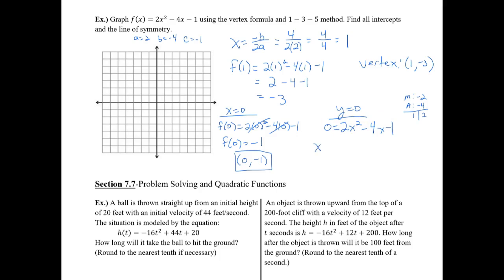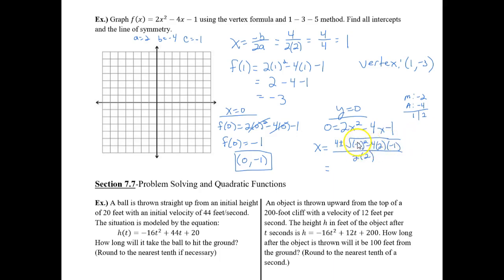Alright, filling in our quadratic formula, x will equal -b, which will be +4, plus or minus the square root of b squared minus 4 times a times c, all divided by 2 times a. So let's simplify what's under this radical.